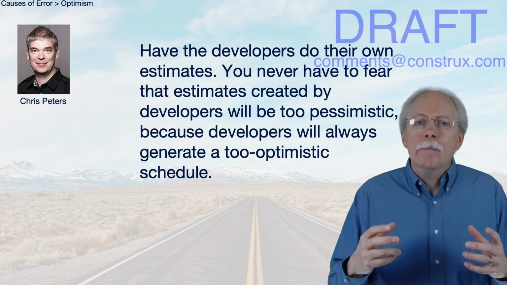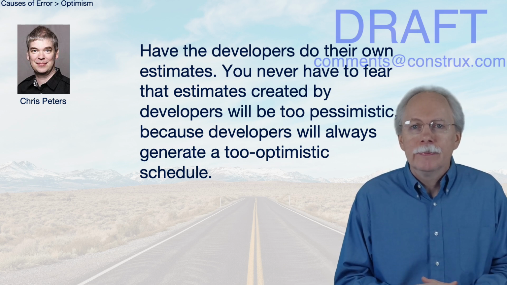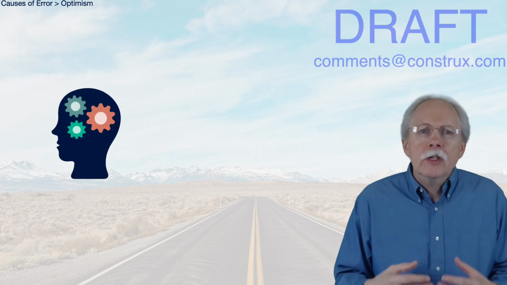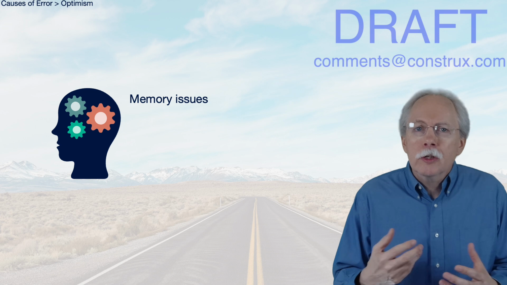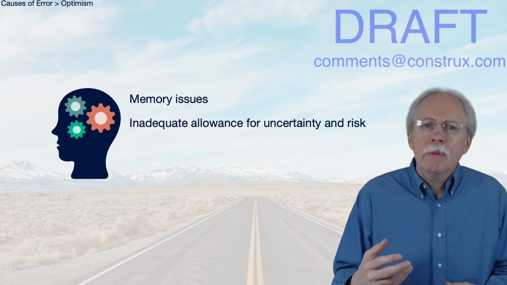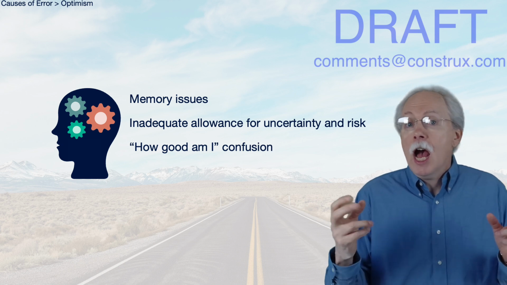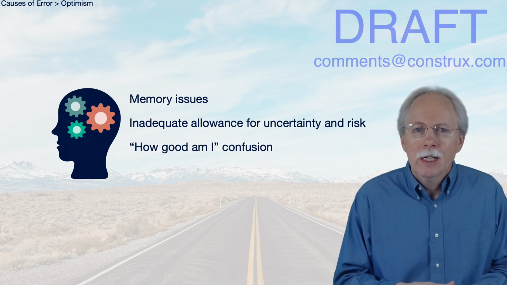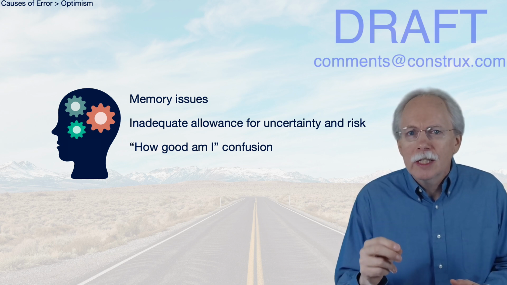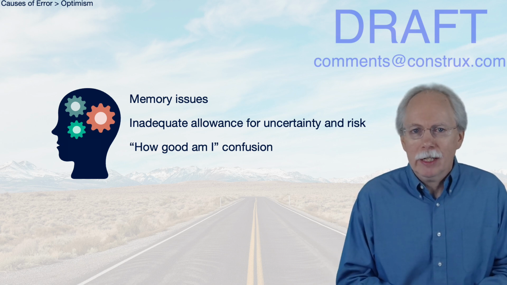Human beings tend to have a bias to optimistic estimates. Our optimism is often about being hopeful, but more likely we're being tricked by those memory issues, or tricked by inadequate allowance for things like uncertainty and risk, or tricked by unconsciously trying to answer the how good I am question.